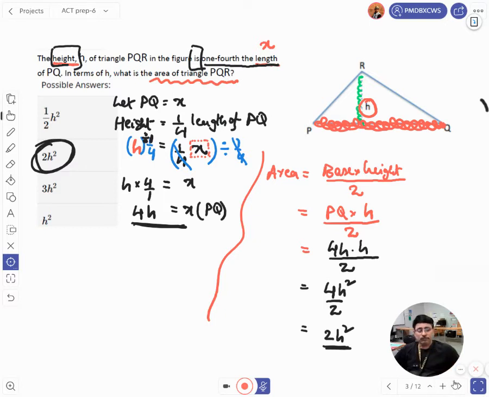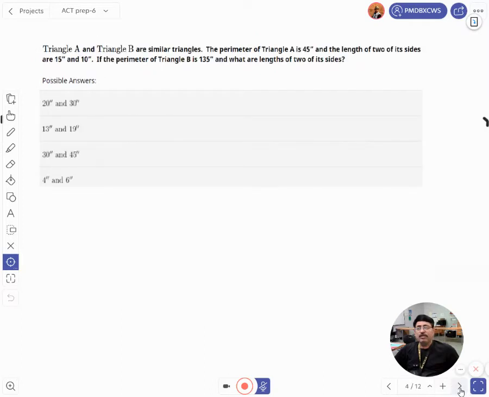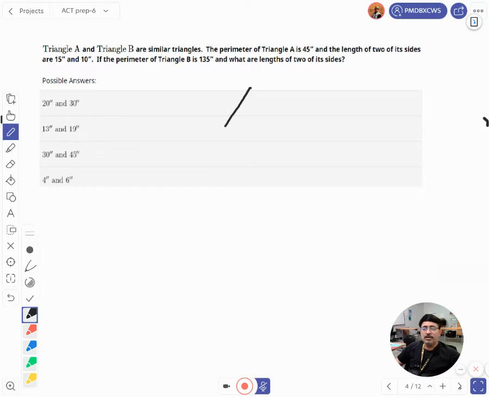Okay, let me take you to the next one. Triangle A and triangle B are similar triangles. First of all, let's try to visualize the given question. There are two triangles. This is the first triangle, let's say triangle A, and the other one is triangle B. I'm not really sure, I'm just randomly drawing some pictures.